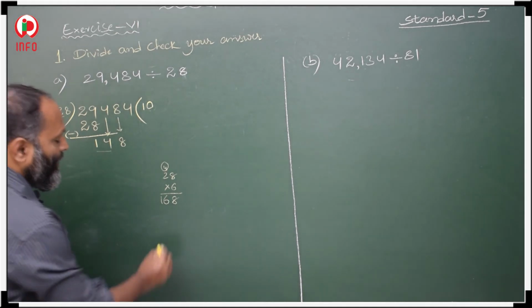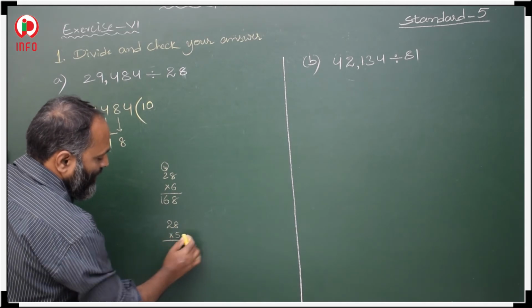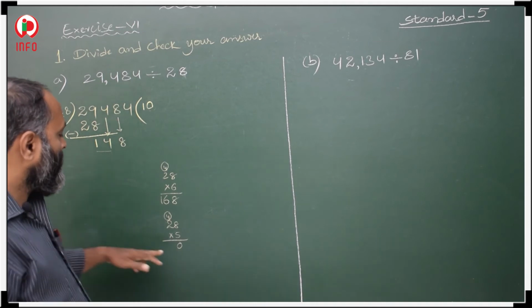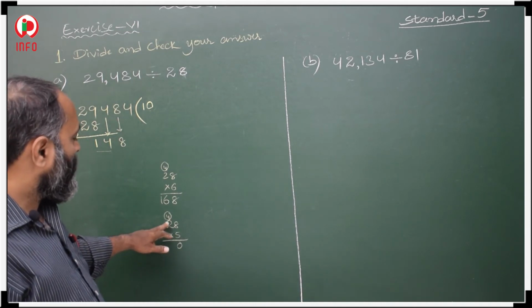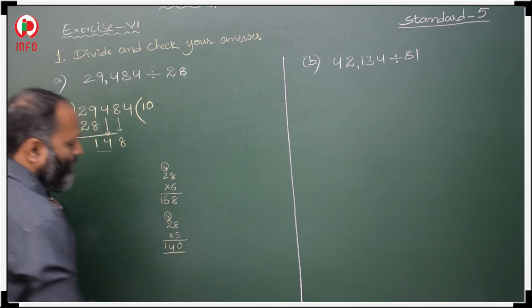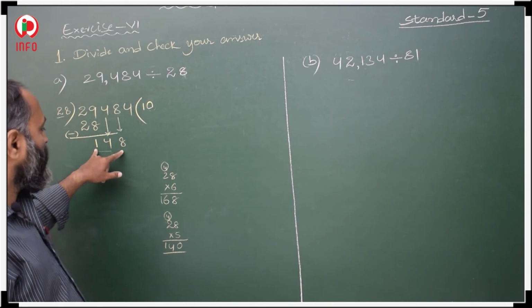So now you take 28 fives. 5 8s are 40, 4. 5 2s are 10, 10 plus 4 is 14. 140. 140 is less than 148.